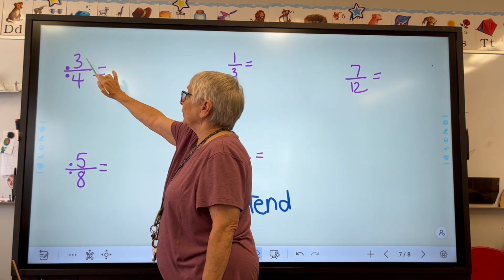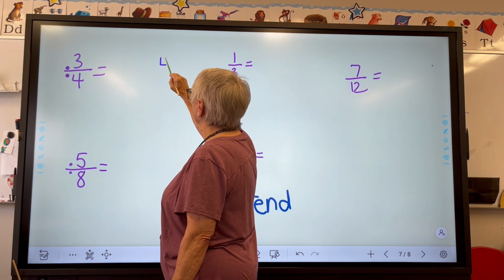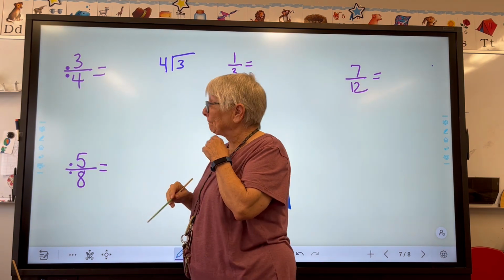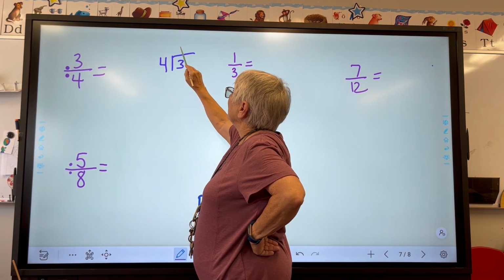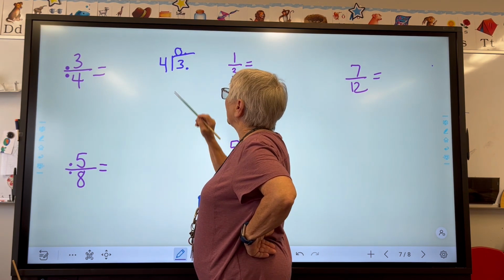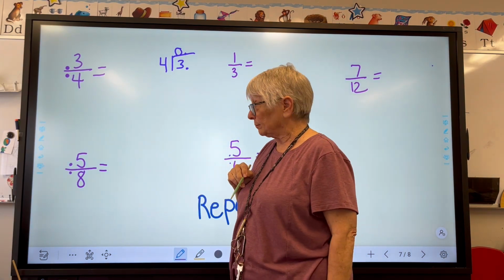3/4. 3 divided by 4. So the 4 goes on the outside and the 3 goes in the box. Does 4 go into 3? No, it goes in there 0 times, so we have to put the decimal. And remember that if you don't see a decimal, it comes right after the number.